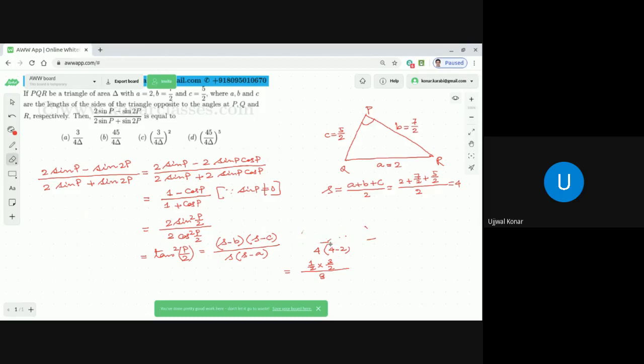So what we need to do is bring delta here. To bring delta, what we can do is something like this.